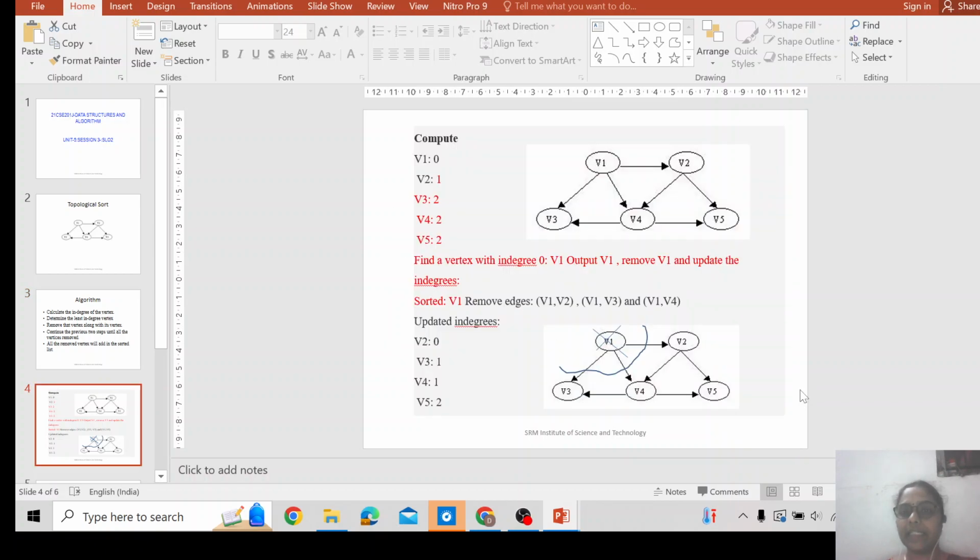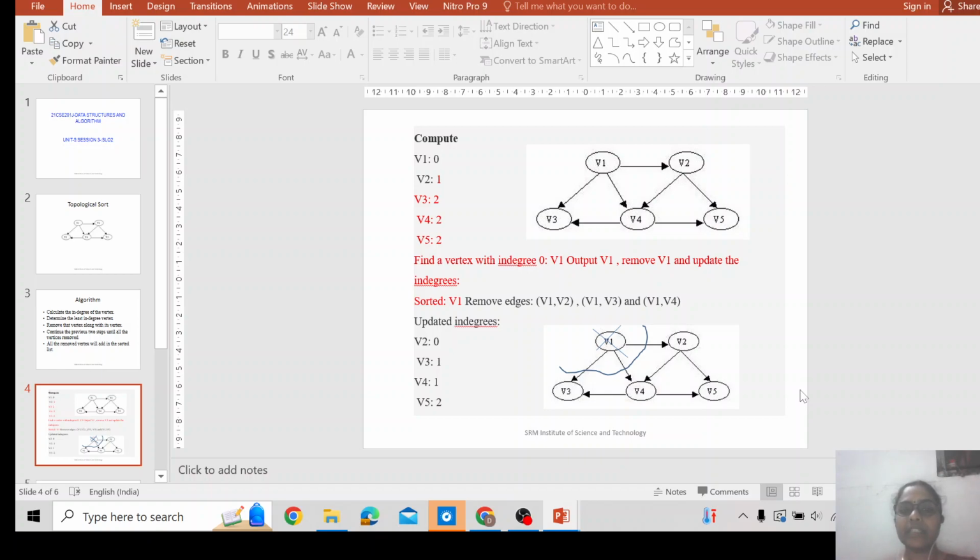So please consider the graph with the 5 different vertices. The first target is to calculate the in degree of every vertex in the graph. According to V1, the in degree is 0. For V2 it is 1, for V3 it is 2, for V4 it is 2, and for V5 it is 2.